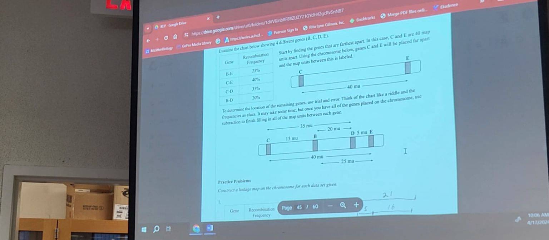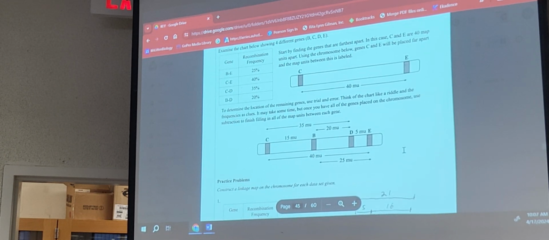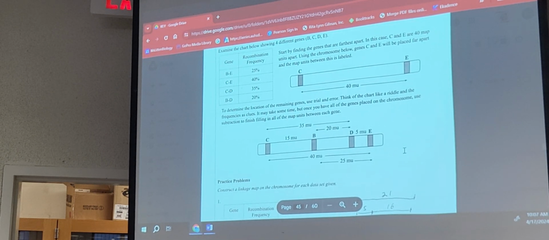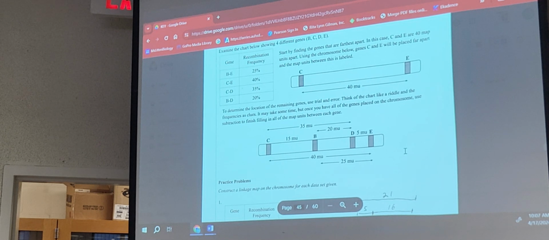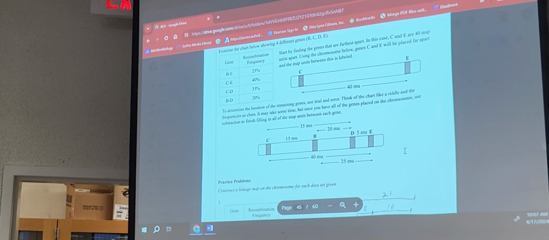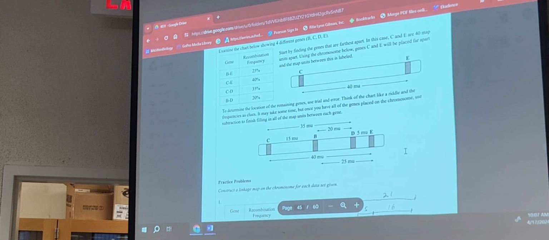So B is here, and this distance is 25. We know this distance is 35, and this distance is 40. If this whole length from C to E is 40, and this is 25, and that's 35, right? Because this is at 35, and we know that's at 40, we know the distance that B is from D.